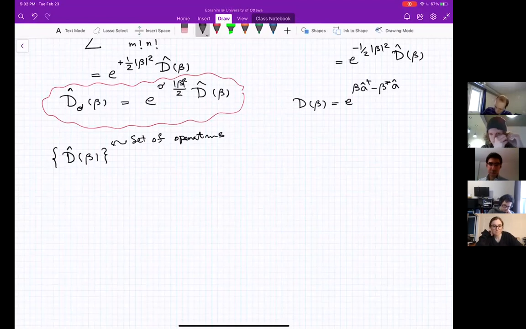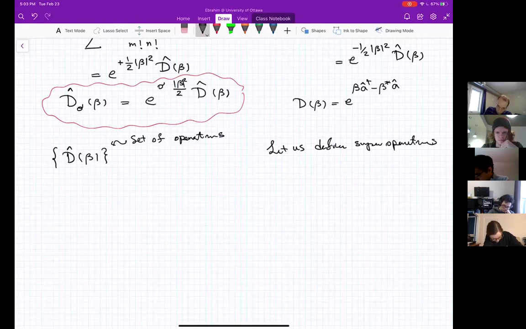So remember that beta is a two-dimensional continuous variable. And from this, I will build up the basis that I need to expand any operators in. So let us define super operators.